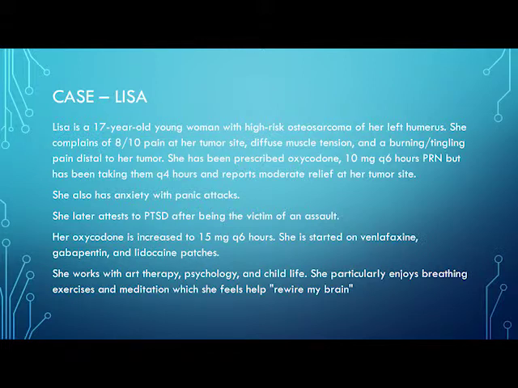So while I did all these medical things, a huge part of treating her pain has been the work she's done with art therapy, with psychology, with child life. She really has enjoyed breathing exercises and meditation, and she told me once that it was like rewiring her brain, which I thought was just amazing because it's true.